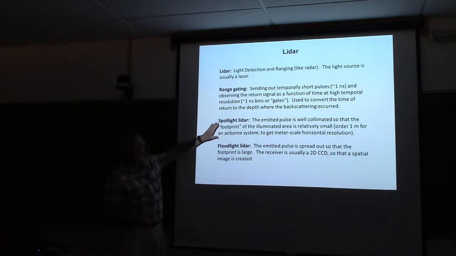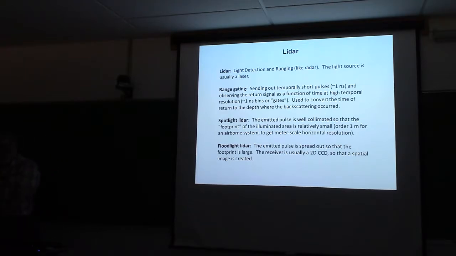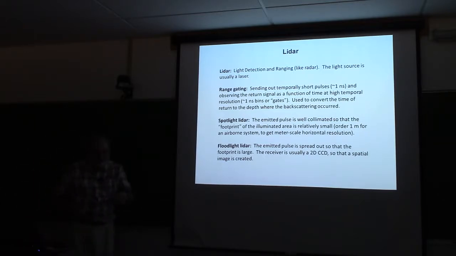And there are spotlight and floodlight lidars. Spotlight lidars are usually used for bathymetry, where you're trying to fly over and get the depth at lots of different little spots. So you may have a footprint on the ocean surface that's maybe 1 meter in size, so you're going to get the depth right there. Then over here, 2 meters away, you do another flash, you get the depth here, and you build up a chart of the bottom from lots of small footprints on the water.